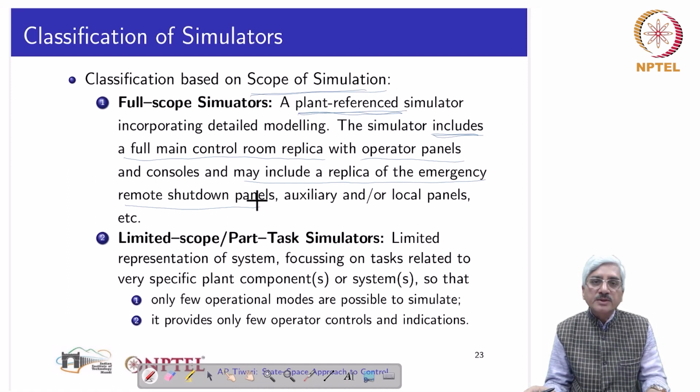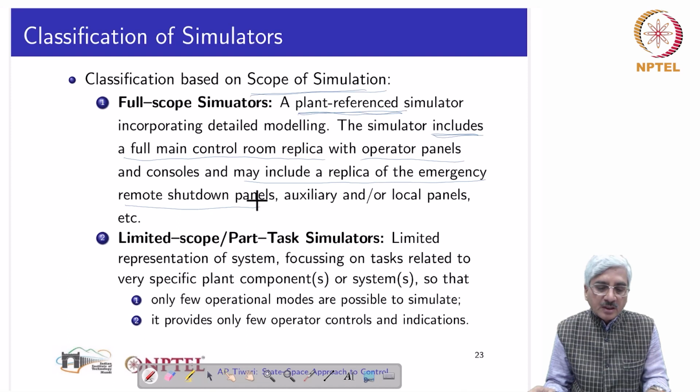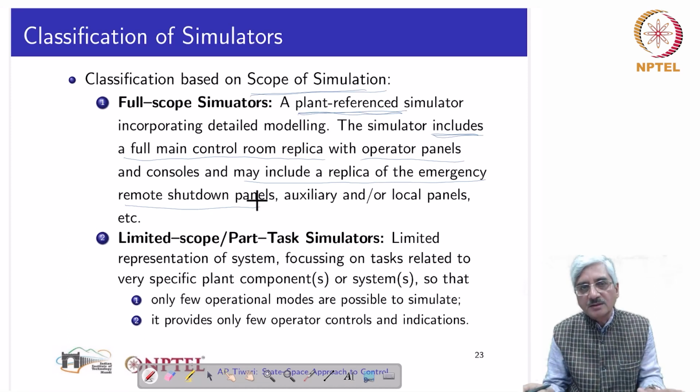So a full scope simulator is a full replica from very fine details to all aspects of graphical user interface between the operator, the switches, the console, the indicators. Everything is provided. In a nutshell, sitting in the simulator control room or simulator panels, it is difficult to distinguish whether it is a panel for the real system or it is a simulator system panel.